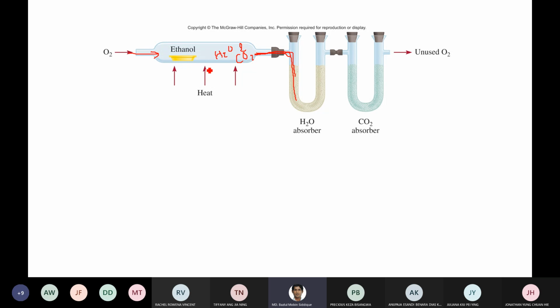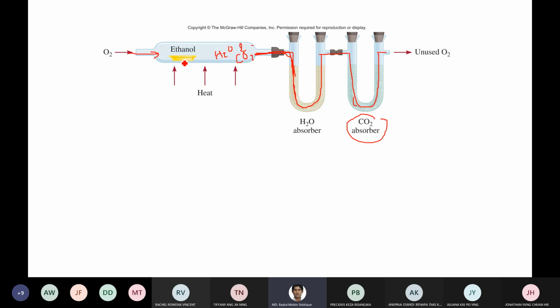Both of them are coming through this medium, and this medium is made of something that can absorb the water. So water is absorbed from here. If water is absorbed, only carbon dioxide is left. So this carbon dioxide goes there and then goes through this bed, so that carbon dioxide is absorbed from here. There is no carbon dioxide left.